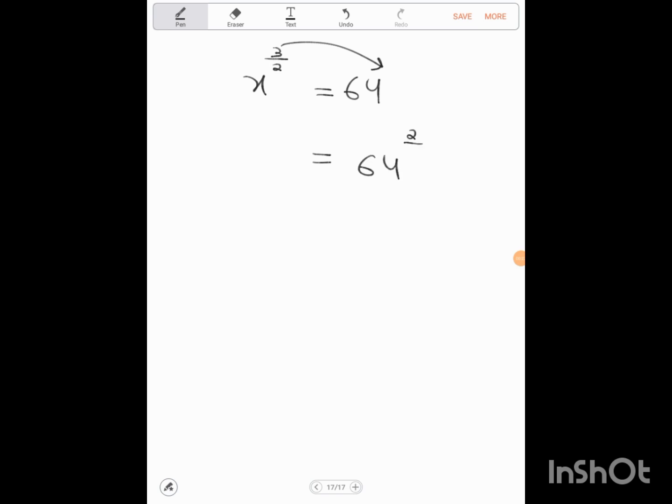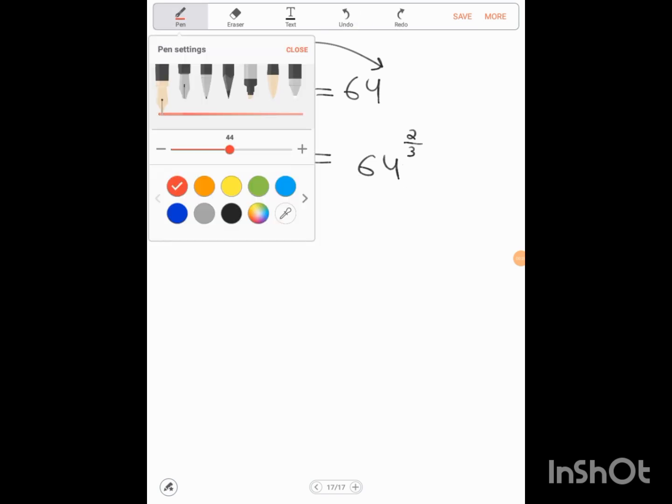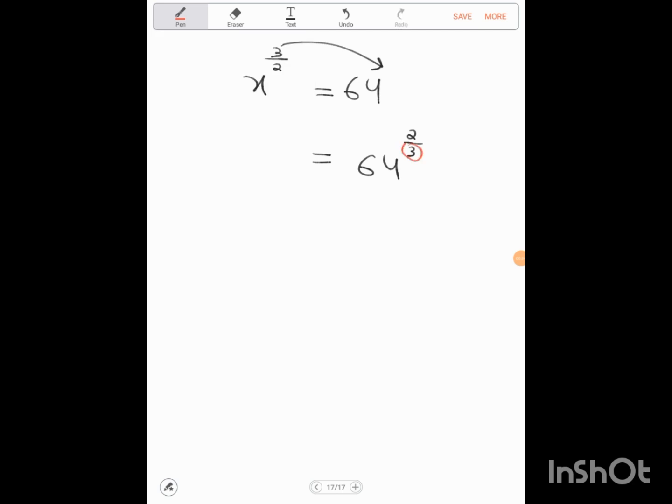So it will be written in this way. Now you're going to see how to break up this 64. Let me give you a hint. Whatever power you have in the denominator, you will be breaking up this term with that power.